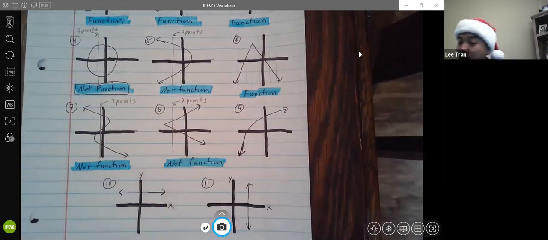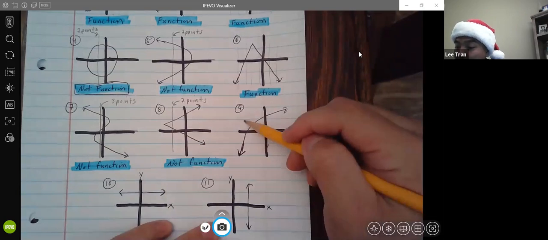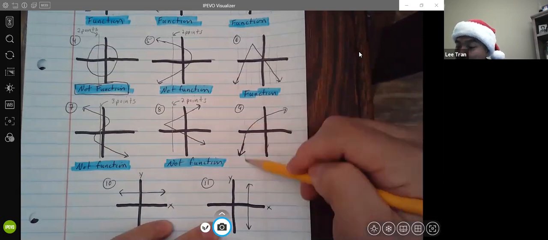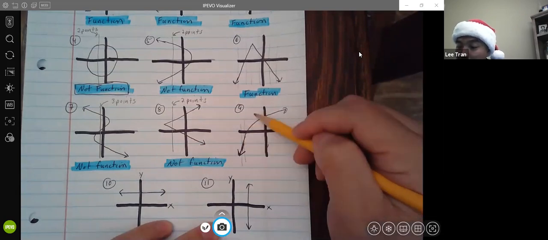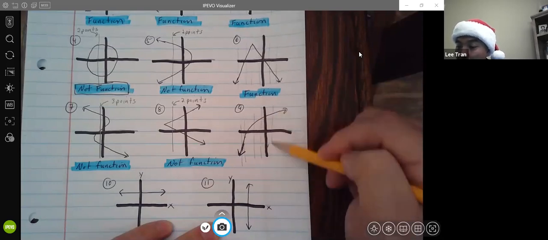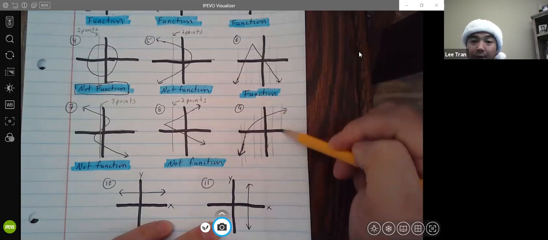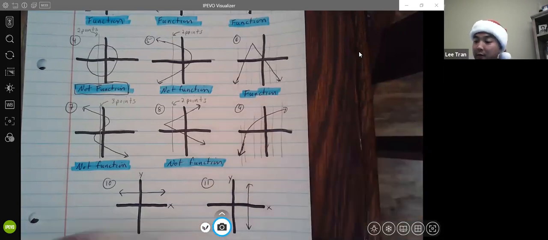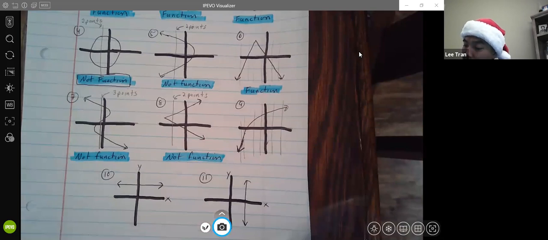Number 9, anywhere that I draw a vertical line is only going to hit 1 point. Any vertical line I draw is only going to hit 1 point on that graph. So this one is a function.